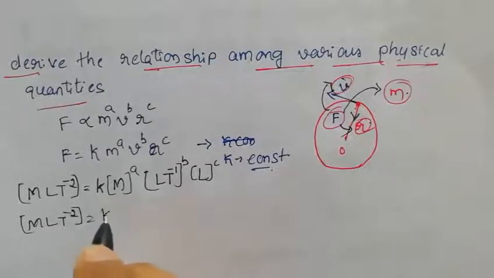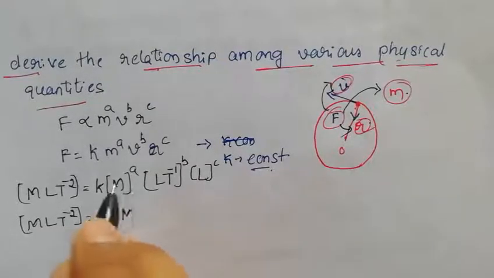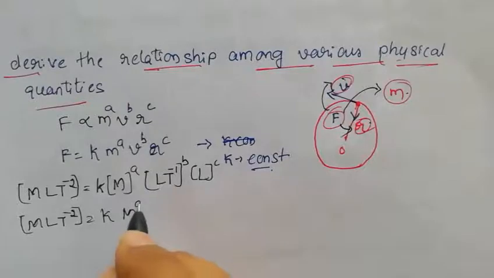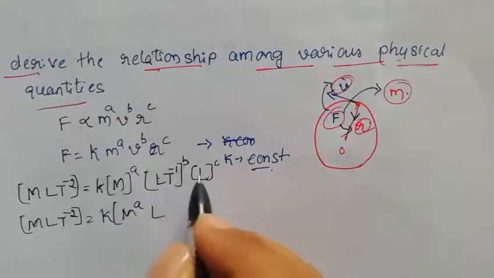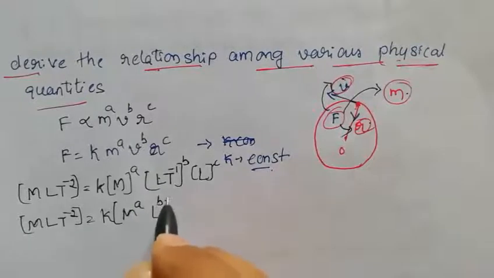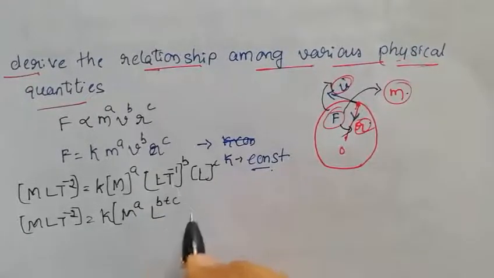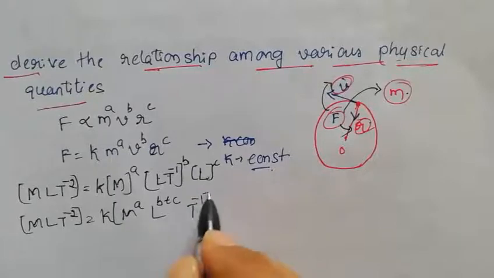Right hand side K into M. Any other M's? No, only M, that is M power A. For L, here L to the power of B and L to the power of C, it will become B plus C. And T to the power of minus B.